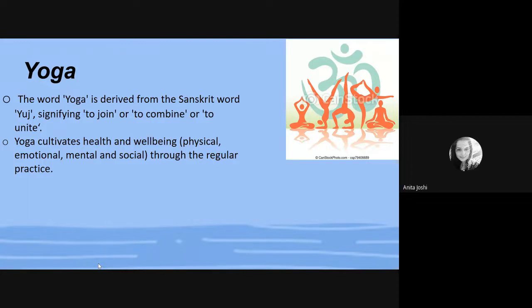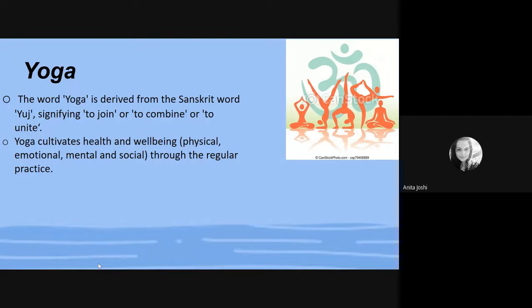Otherwise, if their mind roams around, they cannot get what we want to give them. Also for teachers, we have a very stressful job. Being a teacher is a big responsibility, as we are the future makers for our students. So it really helps our mental health and our physical health if we practice yoga or meditation in our life.